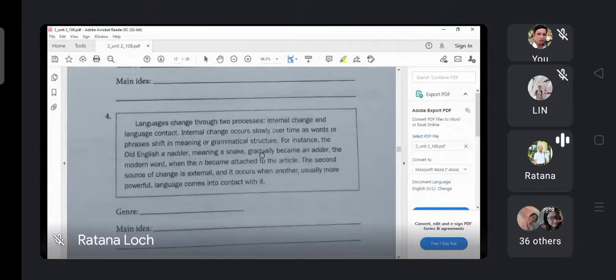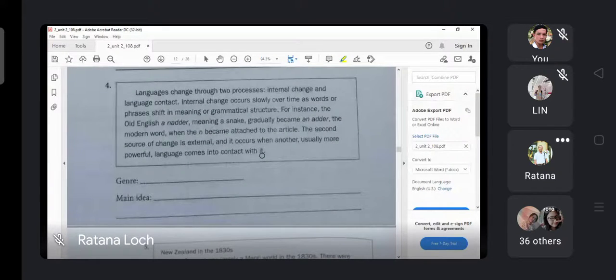Okay, number 4. I think the type of writing is called academic writing, and the main idea is in the first sentence, right, teacher? Okay, good.